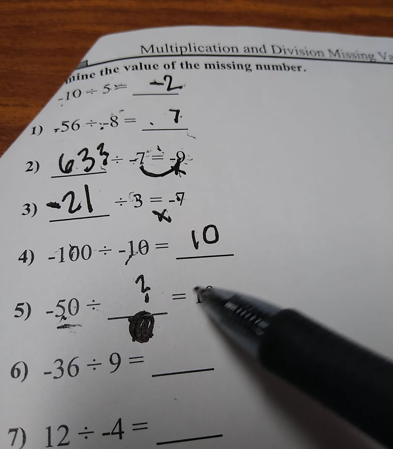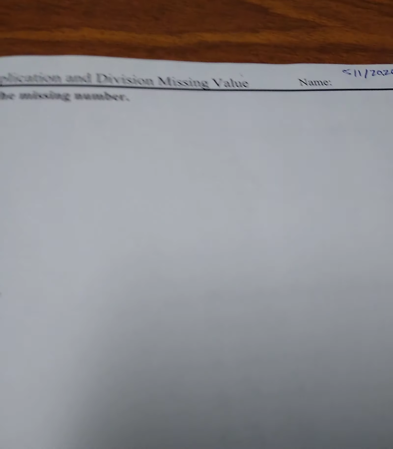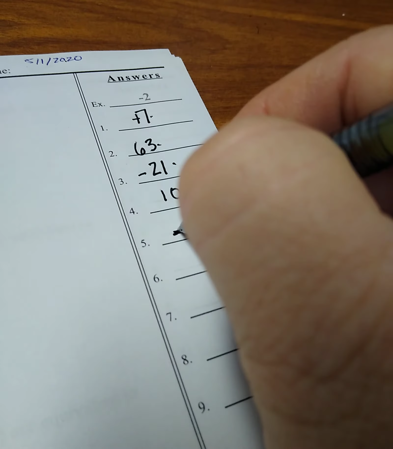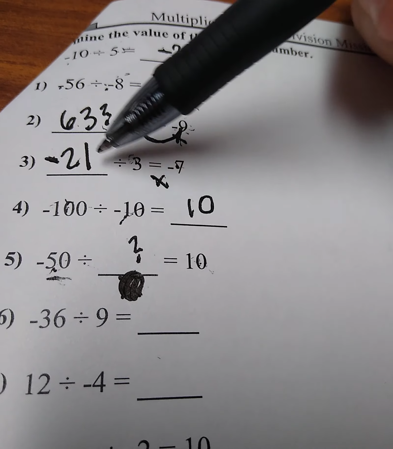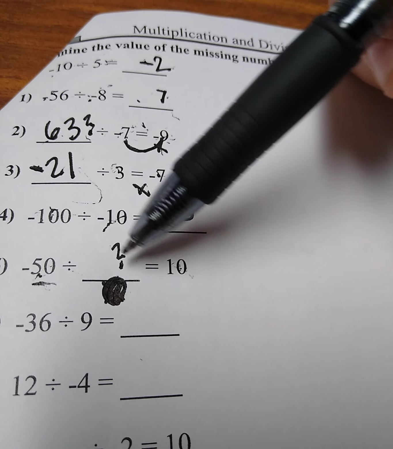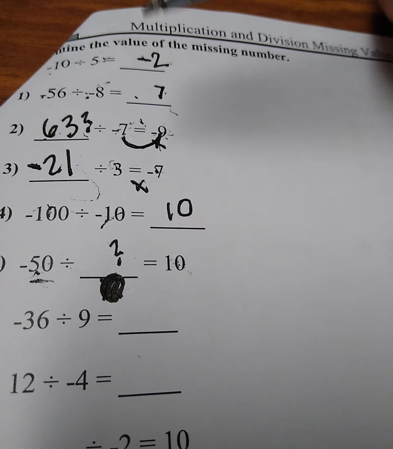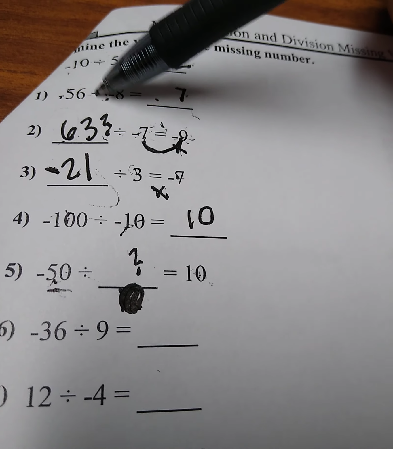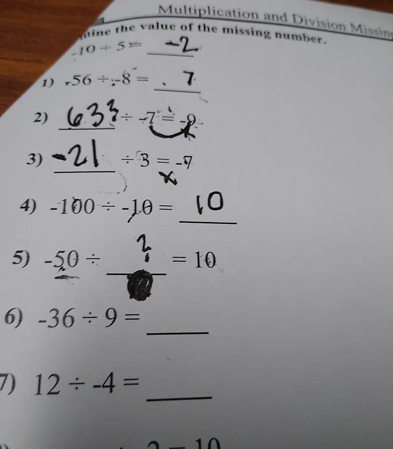Negative and a positive. We know from here, a negative and a positive is a negative. So your answer is negative 5, okay? Does that make sense? So if you have the first one missing, you're multiplying. If you have this one missing, you're just dividing by these two, okay? It's the same way as you're doing number 1, or the example, or number 6 below us, okay?